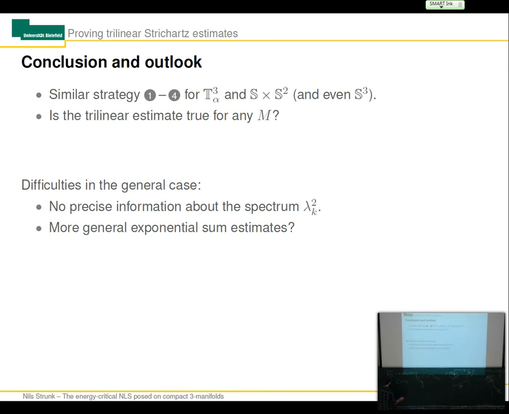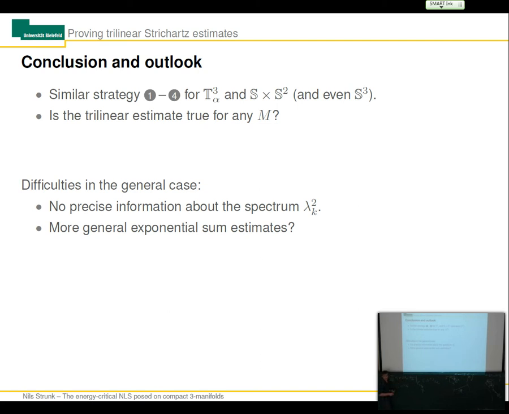Till now, we only used some kind of quadratic structure here of the eigenvalues. But for a general eigenvalue, I have absolutely no idea. And maybe, it's just a guess, it requires also a more general kind of exponential sum estimates. These exponential sum estimates are a little bit too concrete, even for the irrational torus. This does not work.